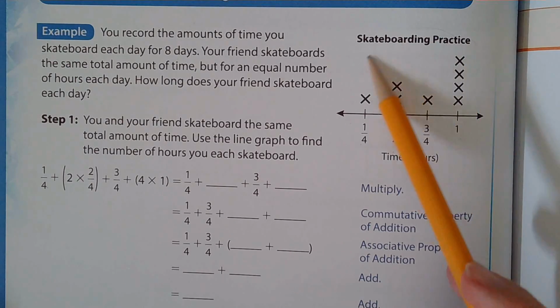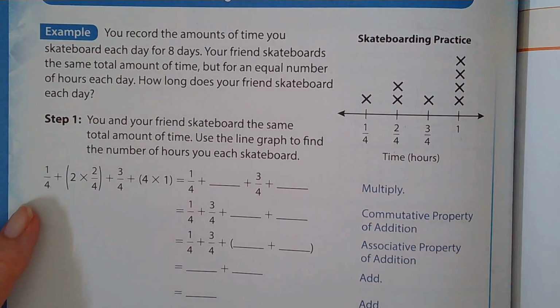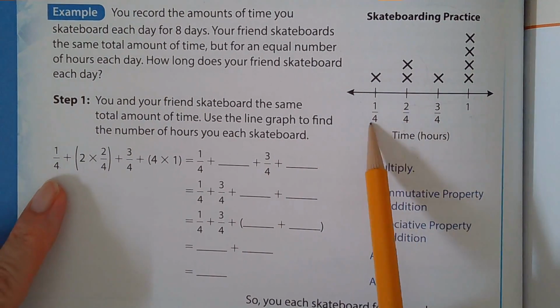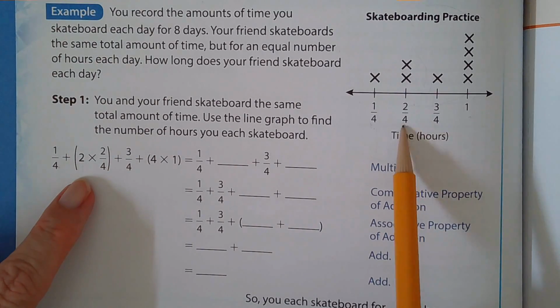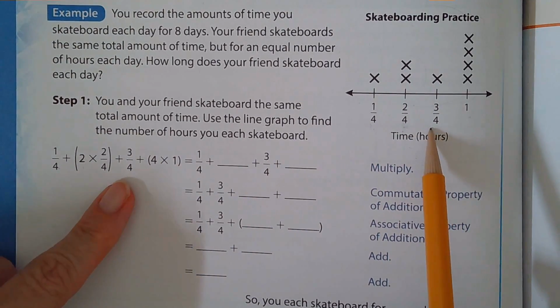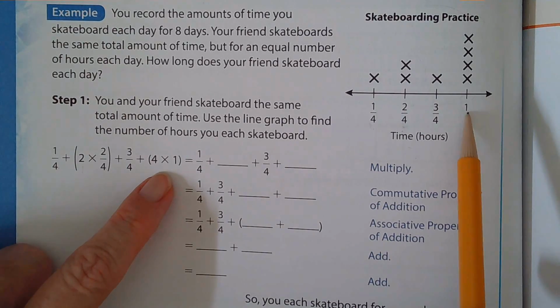So how do we find out how much you did? You're going to have to add all this time. So notice how they broke that down. We took the 1/4 of an hour, plus 2 times 2/4, or you could have put 2/4 plus 2/4. Okay, plus 3/4, plus 4 times the 1 hour.